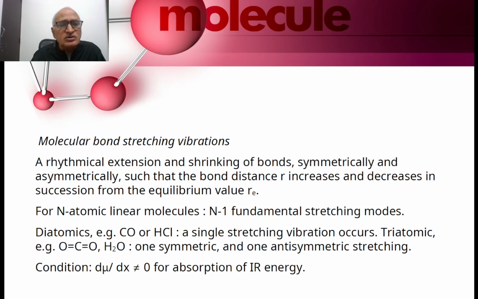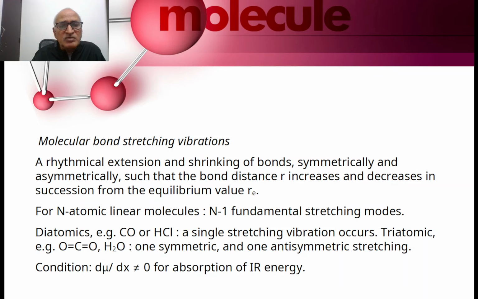Now suppose we are having a molecule which has n atoms in linear shape, then there will be a maximum of n minus 1 fundamental stretching modes. Examples: CO molecule or HCl molecule, both are diatomic. So if I use the formula n minus 1, where n is equal to 2, a single stretching vibration occurs.